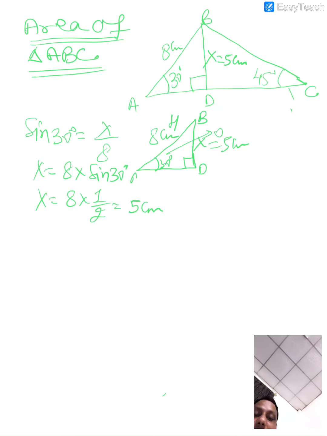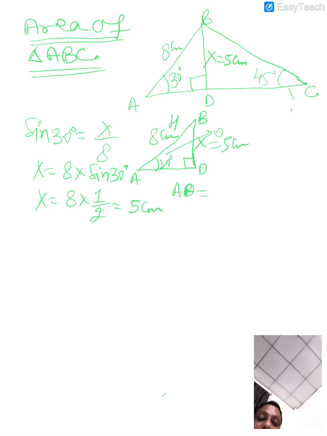Now you have to find AD. To get AD, we will use Pythagoras Theorem, because this is a right angle triangle, and in right angle triangle ADB, you have AB that is 8 centimeters and BD is 5 centimeters. So AD square is equal to 8 square minus 5 square.